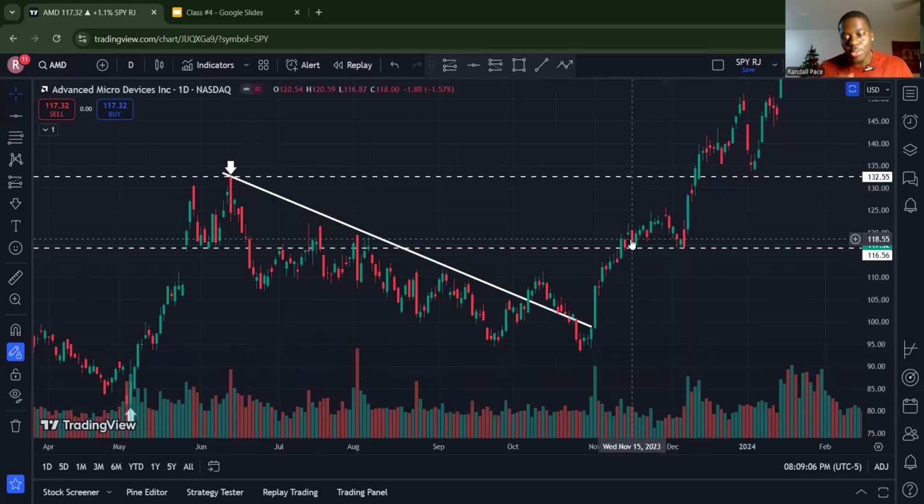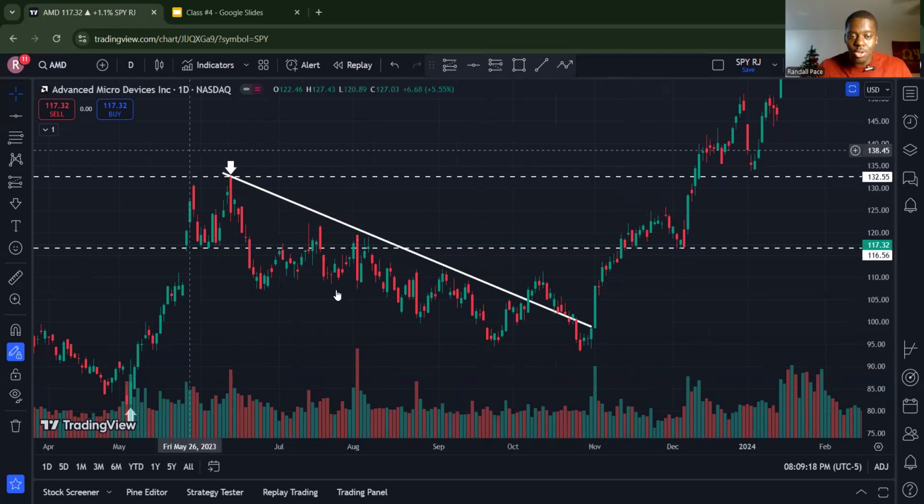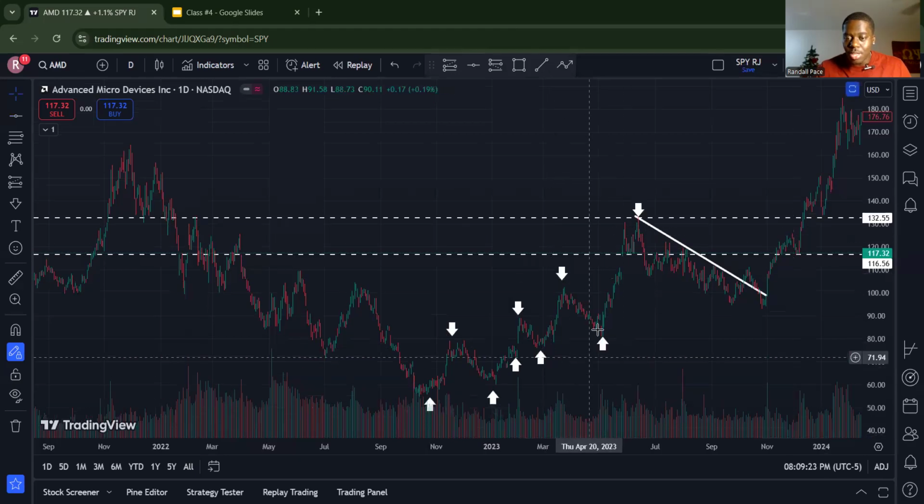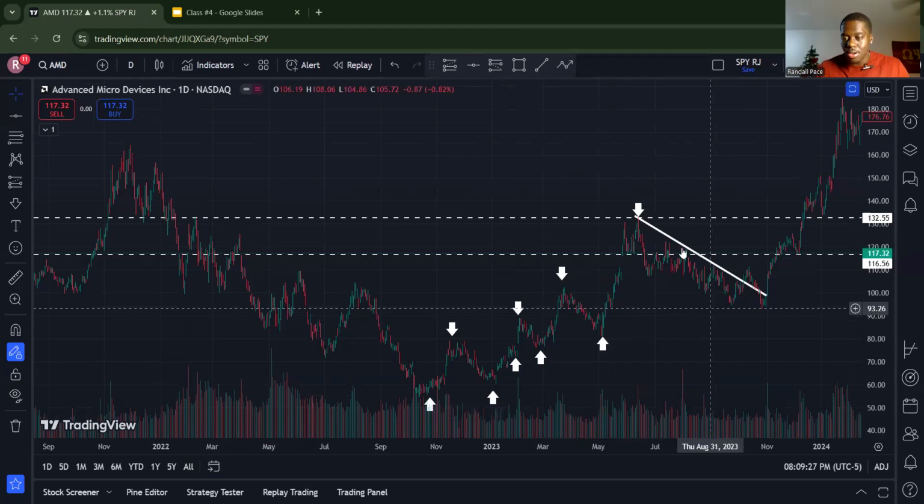let's think about some scenarios. All right, let's think about some scenarios, because this is what you're gonna see a lot. Like I said, we about to get into some advanced stuff now. It's gonna get a little tougher from here. If you was looking at this, and we're looking at AMD, we know that this thing is bullish. We see it's making higher highs, higher lows. We know that. All right.